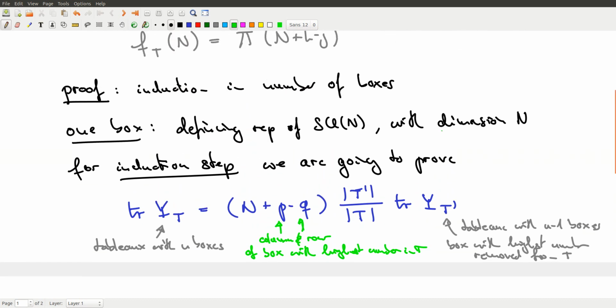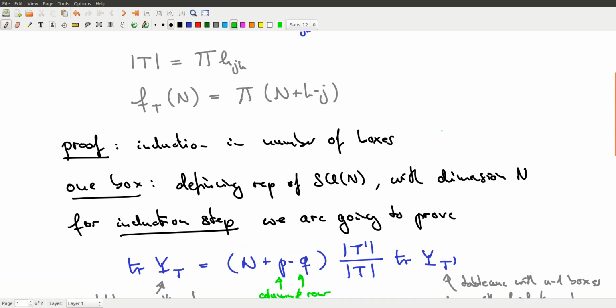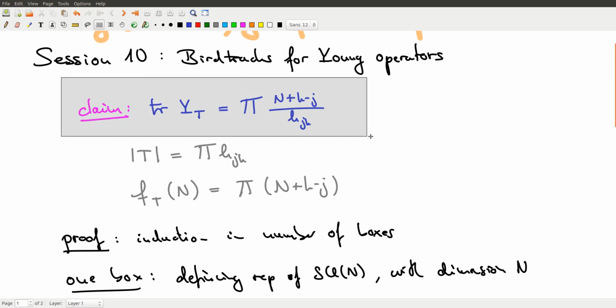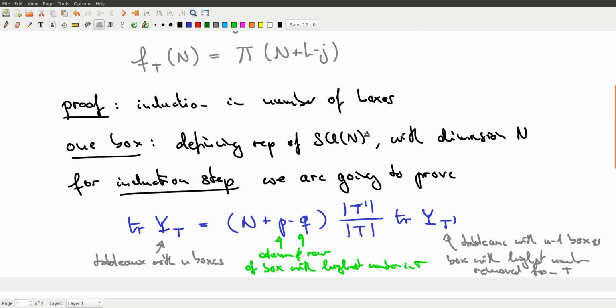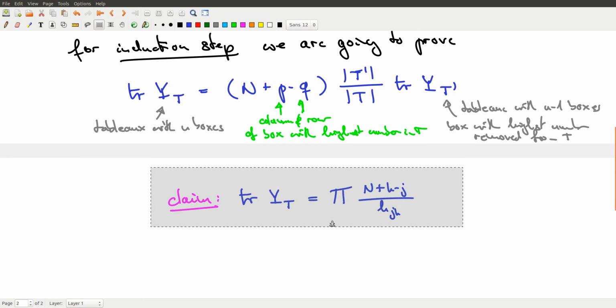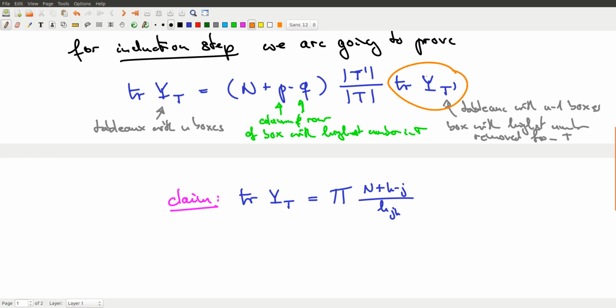Because if we compare with the claim, I cannot make this visible at the same time, so let's copy the claim. So when we compare with this, if the formula holds for this smaller diagram here, then the T primes will cancel. Maybe I should write it like this.